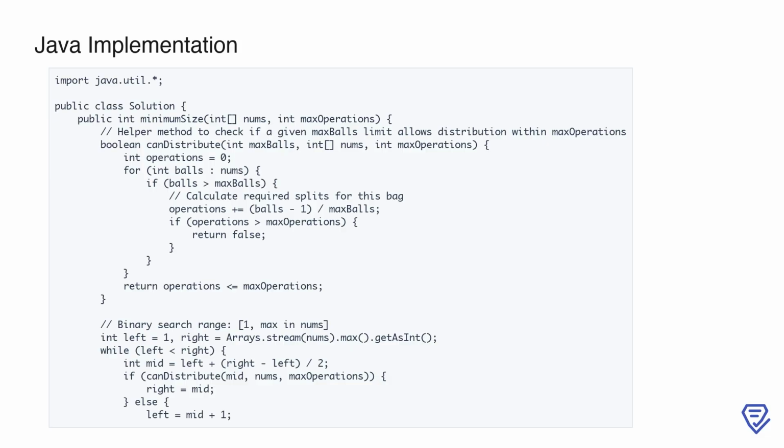The main method then initializes the binary search range, setting left to 1 and right to the maximum value in nums. The binary search begins, with mid representing a candidate value for the maximum number of balls allowed in a bag. If canDistribute returns true for mid, it means this limit is feasible, so we adjust the search range by narrowing right to mid.